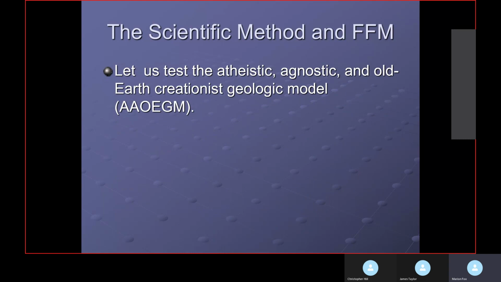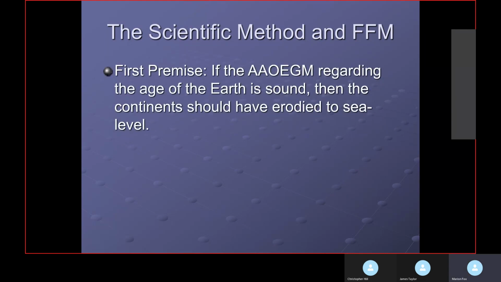We're going to test the atheistic, agnostic, old Earth creationist AAOEGM model, geologic model. If this model regarding the age of the Earth is sound, the atheist, agnostic, old Earth creationist geologic model, it should have a C in there, then the continents should have eroded to sea level.